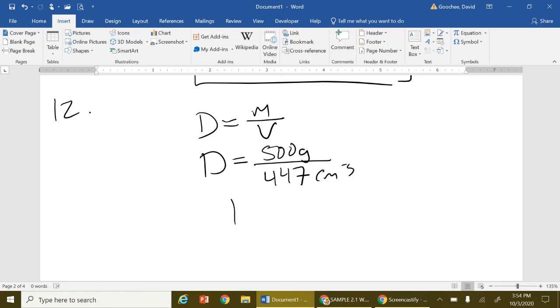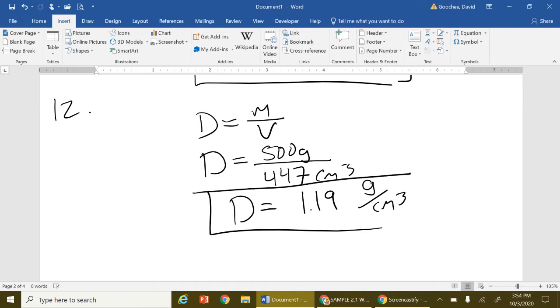We get that the density is equal to 1.19. I'll go with that. And the units are, because we did grams divided by cubic centimeters, grams divided by cubic centimeters. So there it is, 1.19 grams per cubic centimeter.